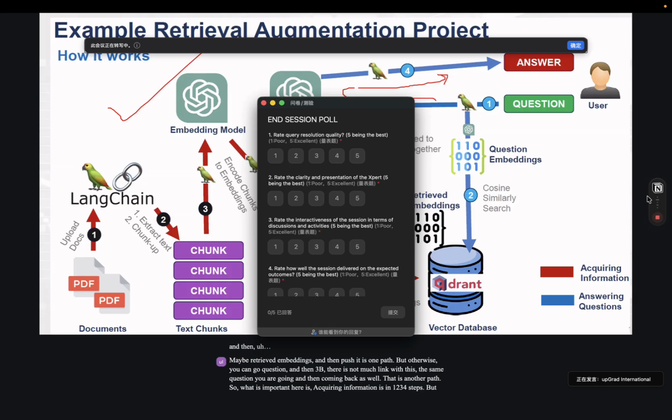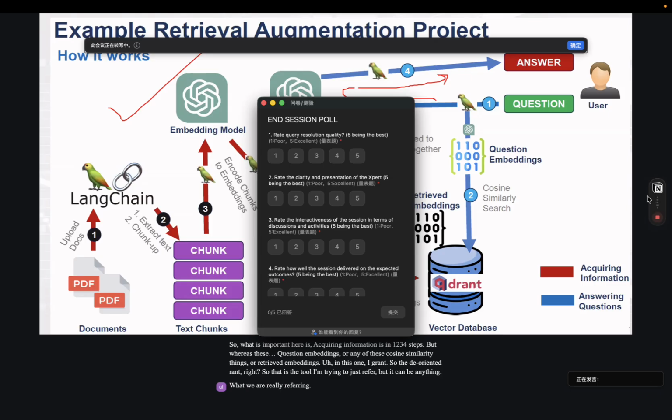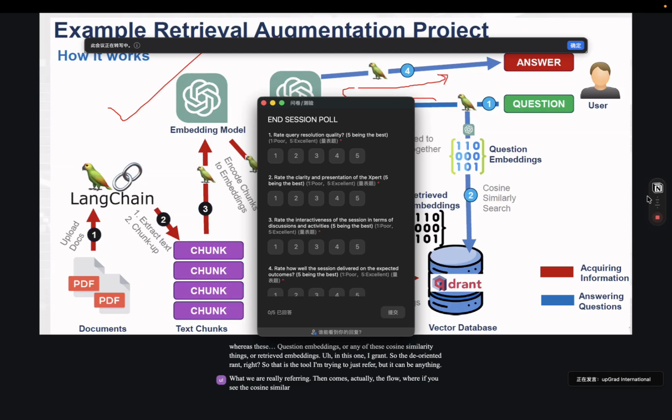For the question embeddings, cosine similarity, or retrieved embeddings, I'm showing you a tool as a reference, but it can be anything. Then comes the flow where, after the cosine similarity and the retrieved segments, we are ready to push to the LLM for the generation.